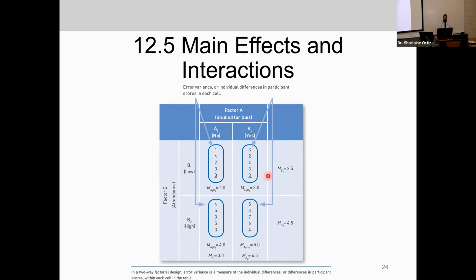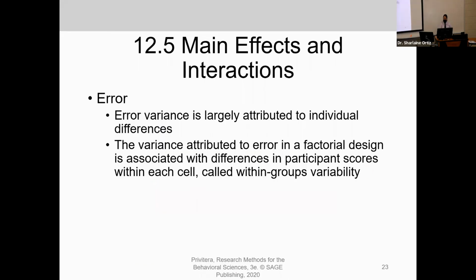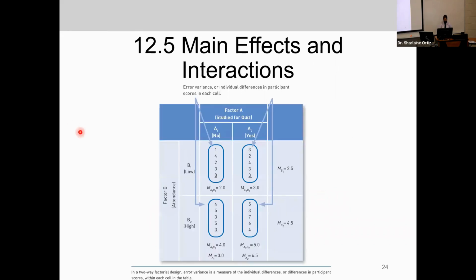Notice that here we have study for a quiz again as our factor A, and for factor B it is attendance. Now what I'm trying to ascertain is in regards to each student, each score that each student had.